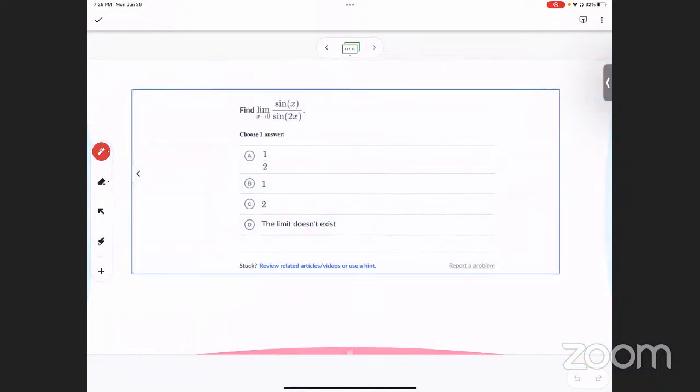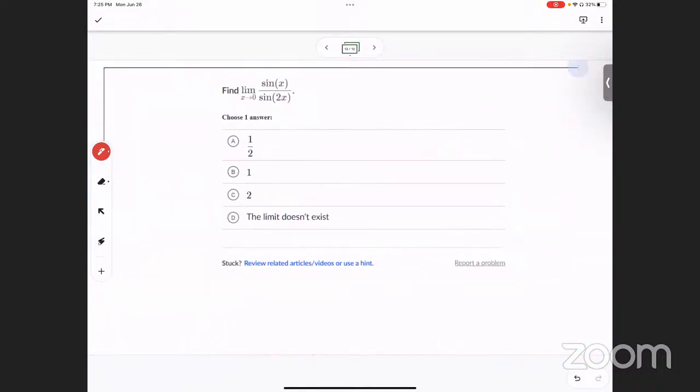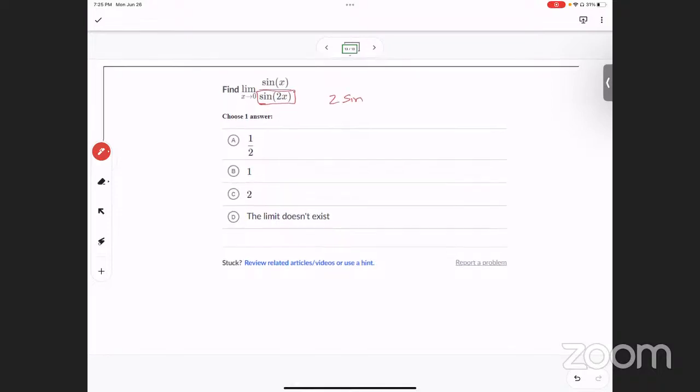Okay, all right. Thank you. The last question says find the limit of that. It's kind of like a trig identities question, because that was one of the things I had trouble with. I think, isn't sine 2x the same as 2 sine x cosine x?